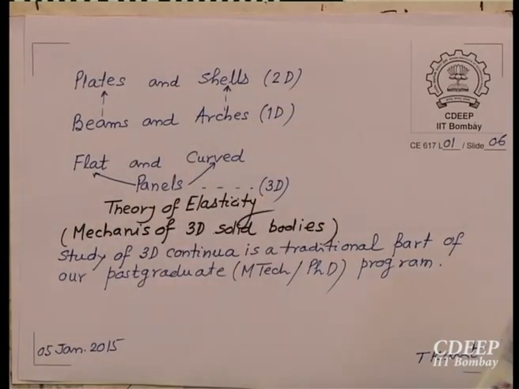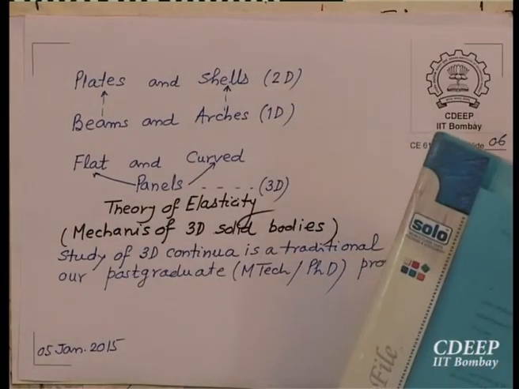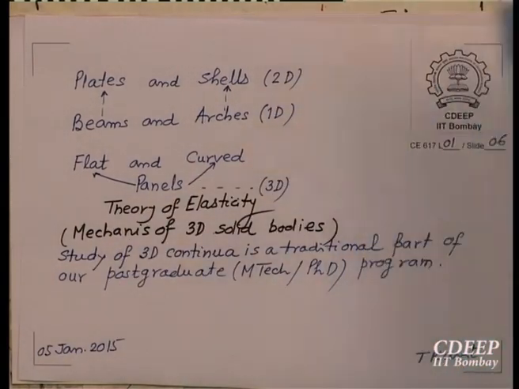So from 3D, where I have written 3D, these plates and shells are basically two-dimensional problems. But before this, you have already done beams and, in your undergraduate, arches. You should not lose sight of that. There only one coordinate comes into the picture, the x coordinate, or the s coordinate in the case of arches. What is the difference between a beam and a plate?